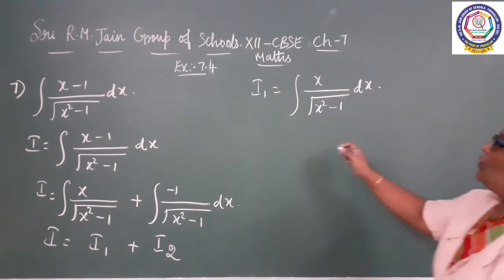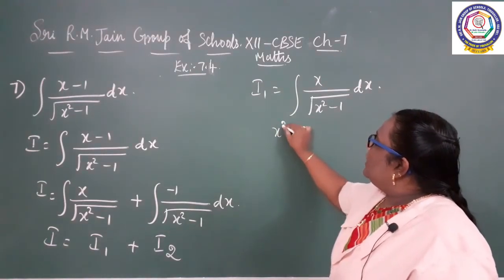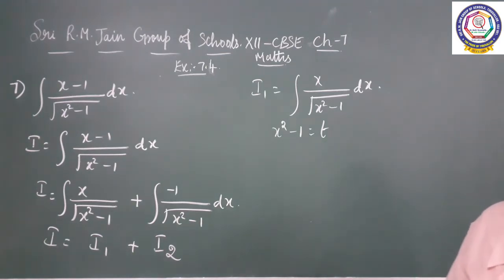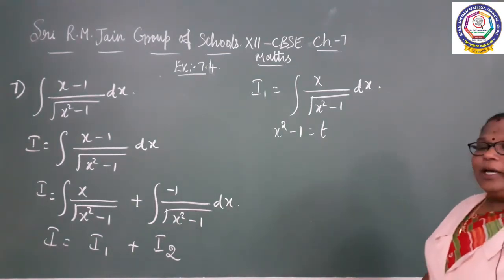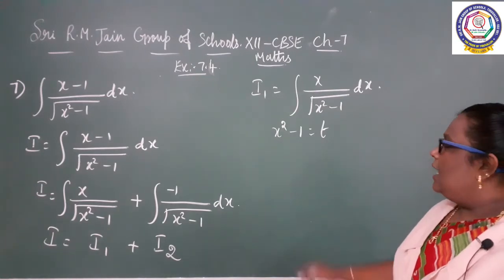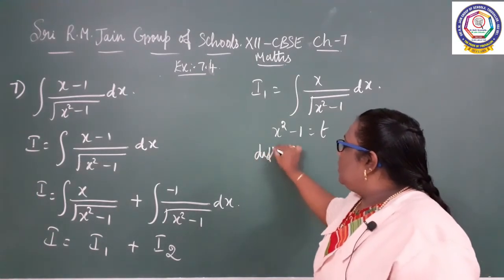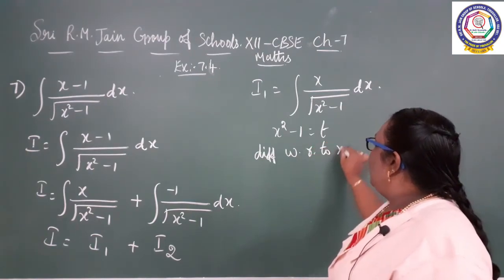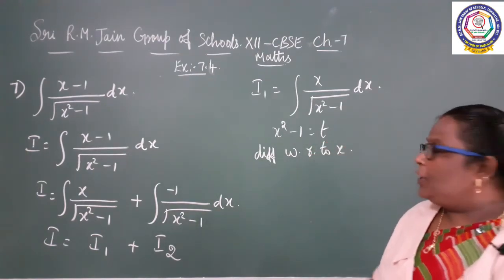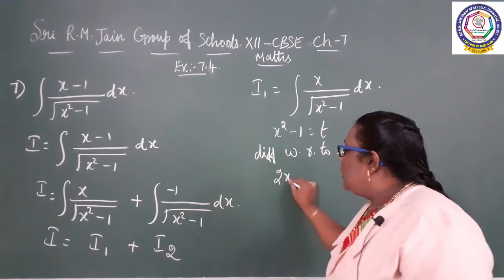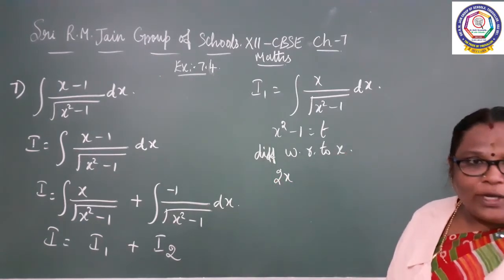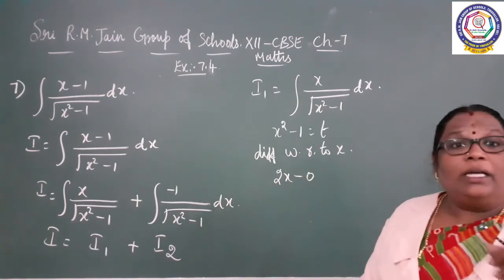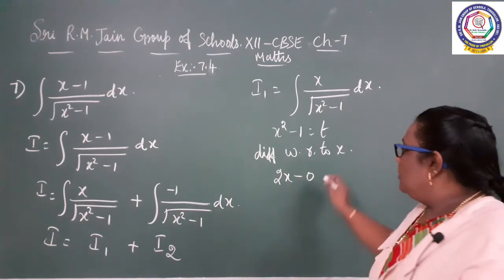See, x square minus 1 you can take as t, because the differentiation of x square is 2x. Differentiate with respect to x: x square becomes 2x, and minus 1 becomes 0 because it is a constant term.